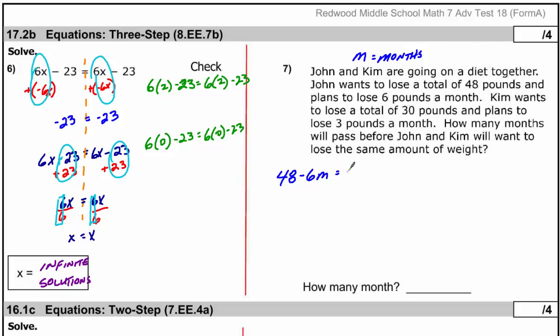Kim, on the other hand, has 30 pounds to lose, and she's planning on losing it at a rate of 3 pounds per month. The question is, how many months will pass before Kim and John will want to lose the same amount of weight? Basically, how many months pass before they have the same amount of weight left?